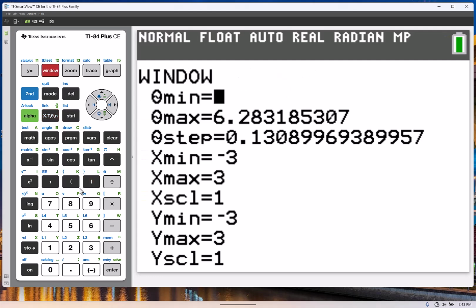Let me see, because we can't see it right now. I need a pretty big window, 0 to 21 should be fine.